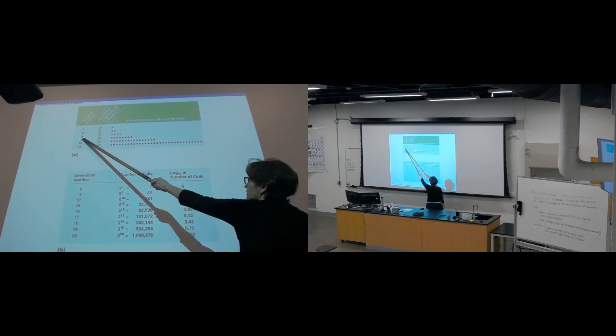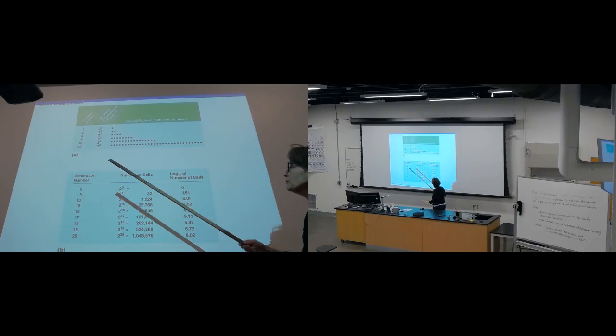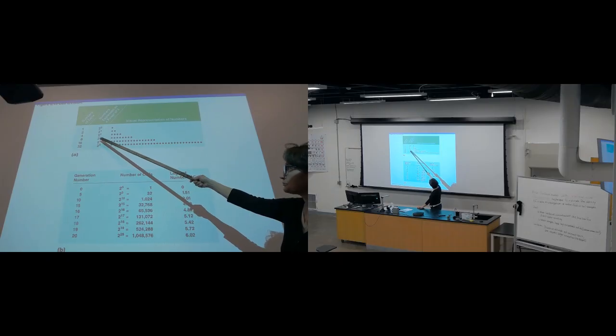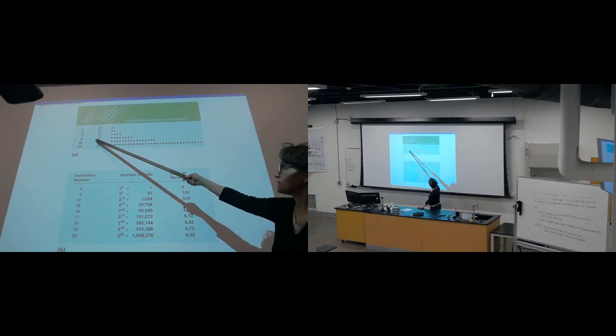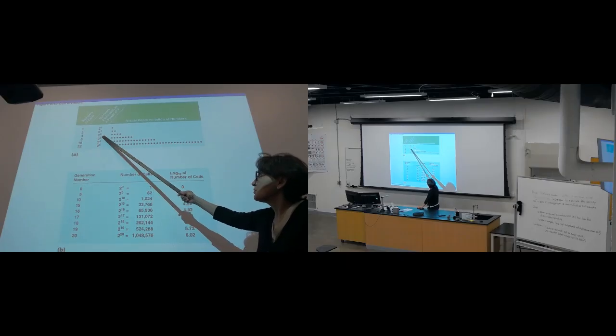So you have 4 cells, and these 4 cells enter into the new generation, represented by this notation. In this case, 4 times 2 will be 8.